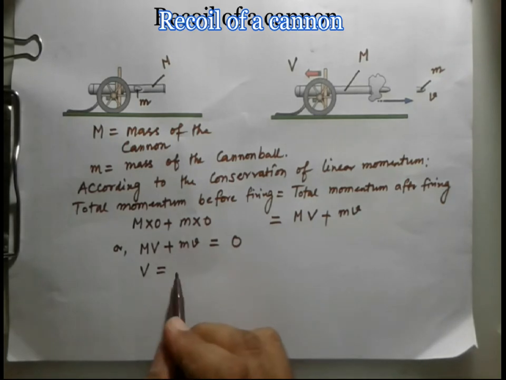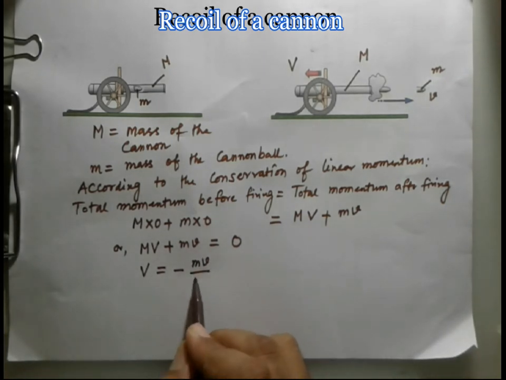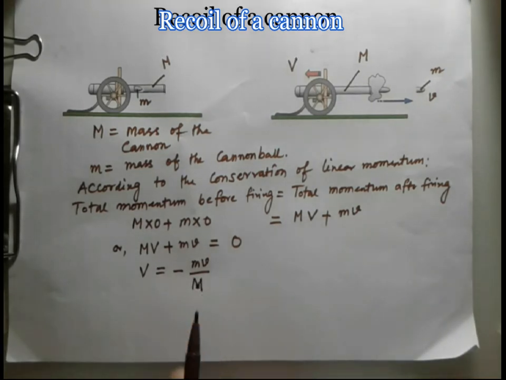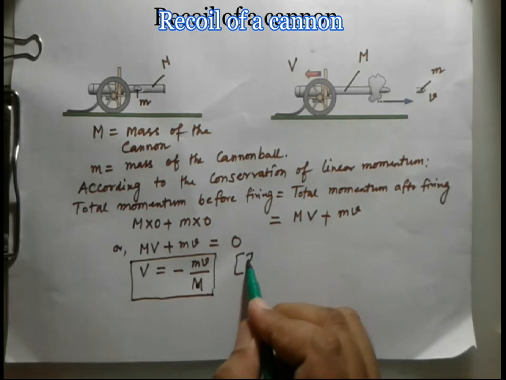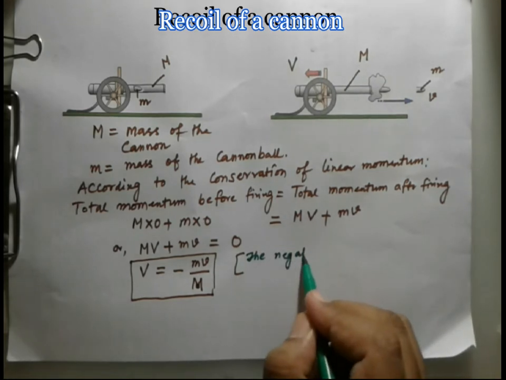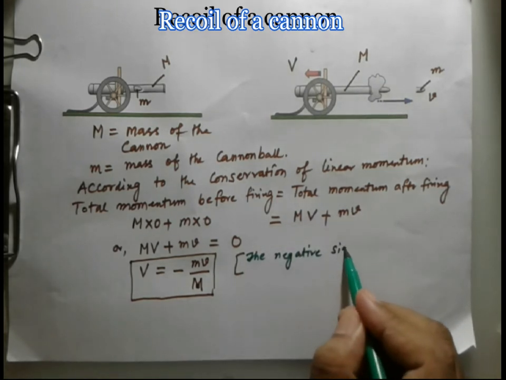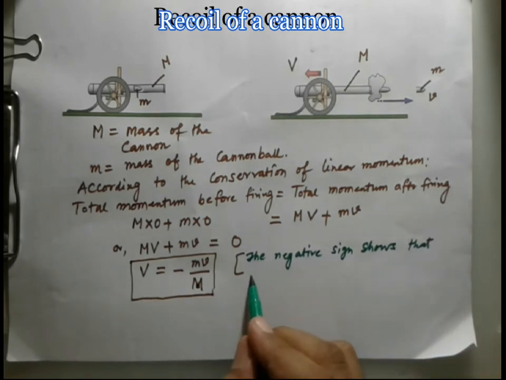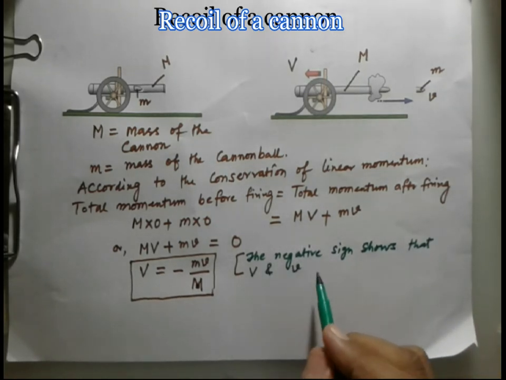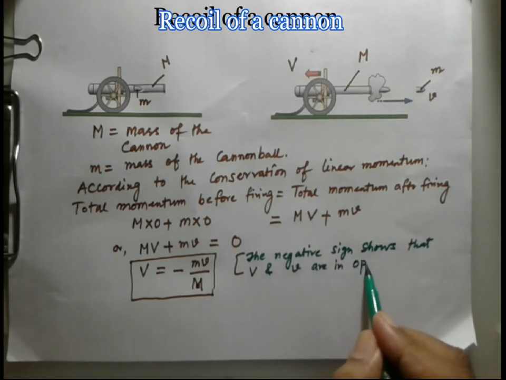V will be equal to minus mv by capital M. Now the negative sign shows that capital V and small v are in opposite directions.